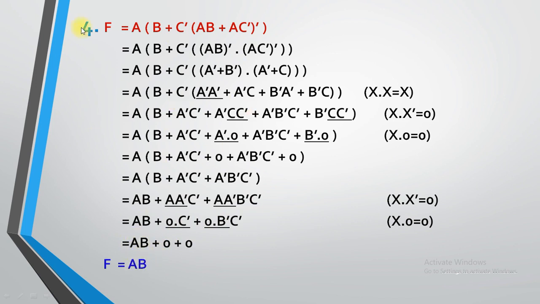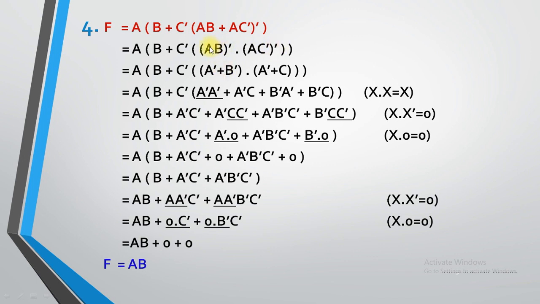Let us repeat this once again. First of all, simplify this because it contains complement. Complement rule is what? It will change the gate and apply individual complement to the individual variable.